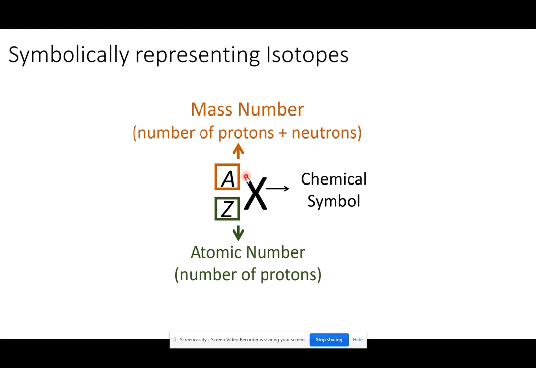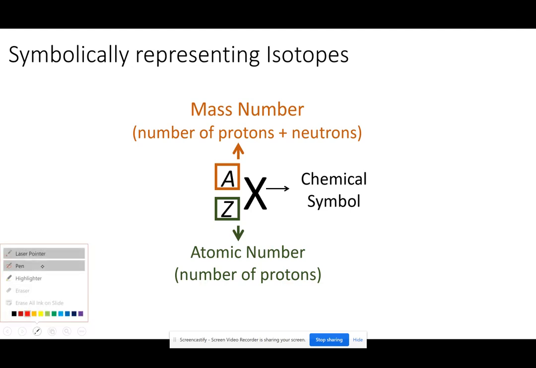So this is where our chemical symbol would go. If we look at one of those neon isotopes, the chemical symbol for neon, Ne, would go right here. On the bottom is something that we've seen before: the atomic number, or the number of protons.